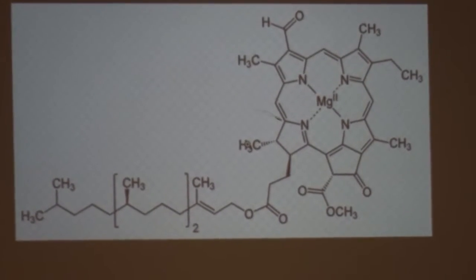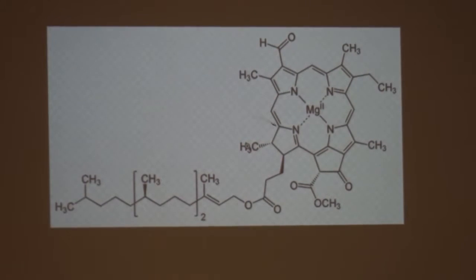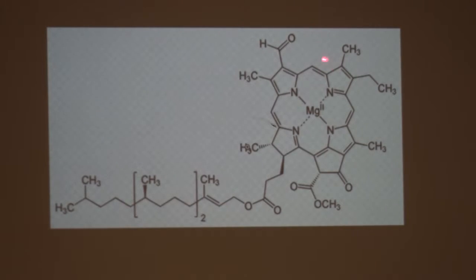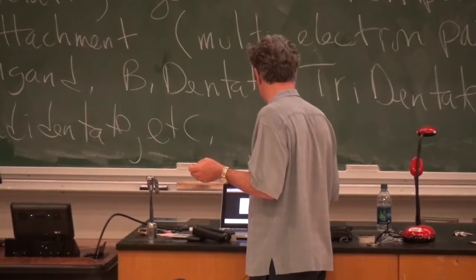This is the green pigment in green plants that is responsible for harvesting solar energy. Look at it. It's got that same sort of ring with the nitrogen ligands pointing in. Not an iron this time, but a magnesium stuck in there. And so biology has incorporated metals into proteins throughout living systems. It's a very important kind of chemistry, especially if you're interested in the life sciences.